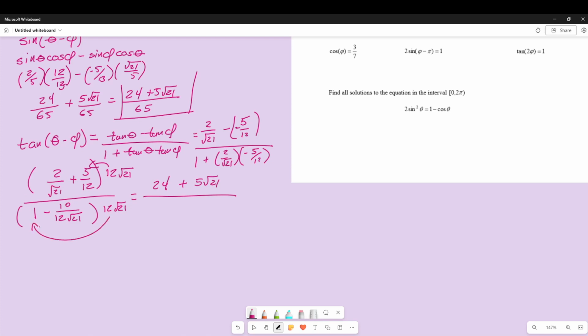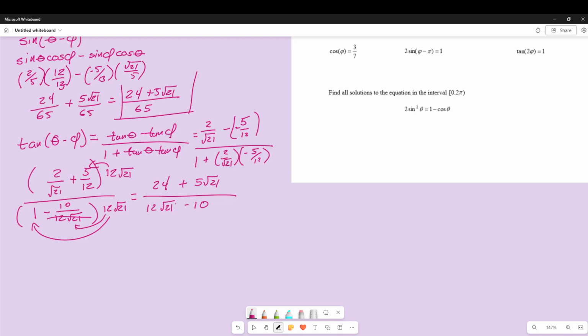The 12 times the square root of 21 multiplies by that 1, we get 12 times the square root of 21, and then when this 12 times the square root of 21 multiplies by the second term, the entire denominator cancels, that's nice, minus 10. And see anything nice clean up out of this? There's a 2 in both of these terms, but there's not a 2 in both of those terms, so nothing.